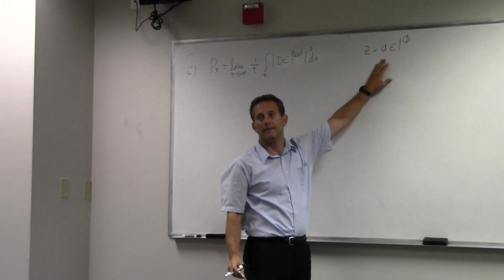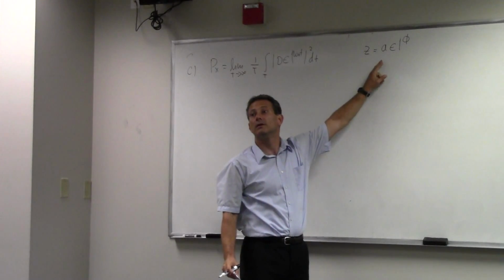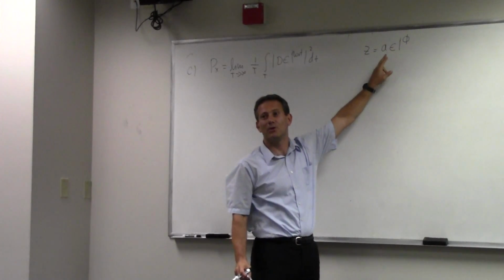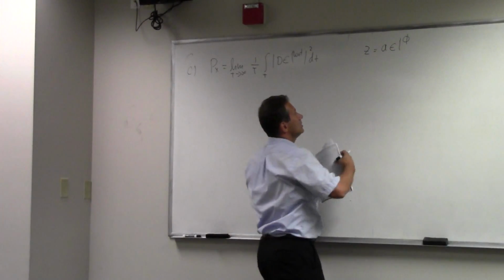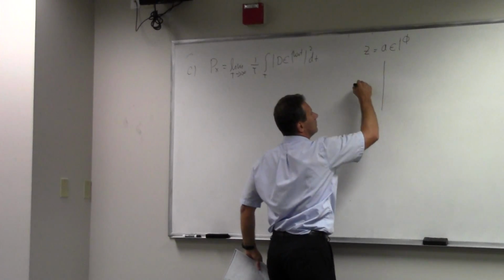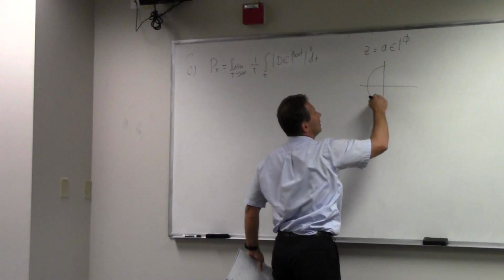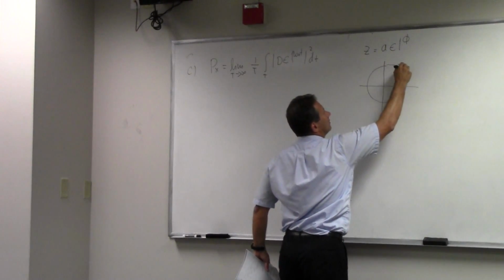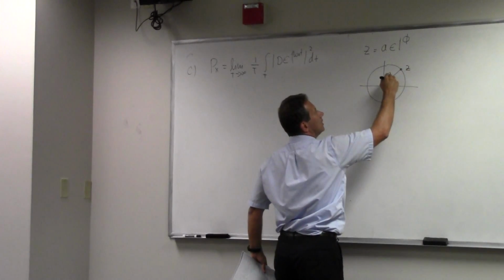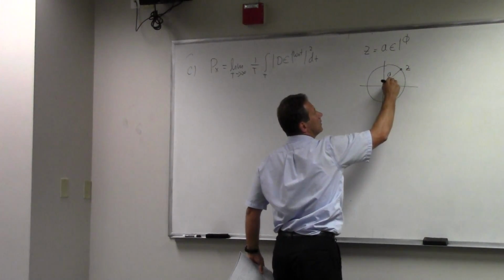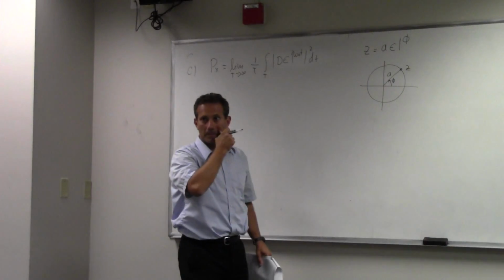We call it magnitude. What do we call phi? Phase. So here's your z. This is your a, the magnitude. This angle here is phi.